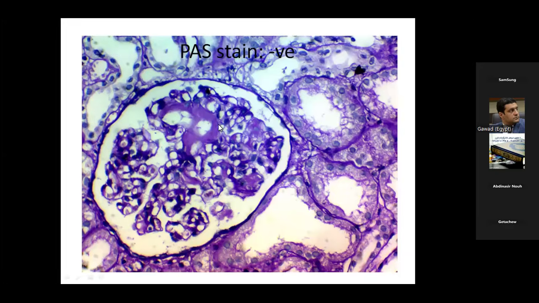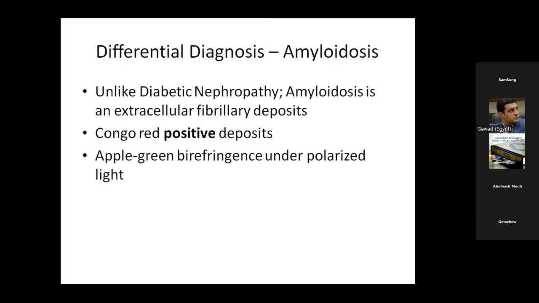So again, for a PAS stain, this staining is lighter than this one if we compare it. So this is lighter than this, and that's what I meant when I was explaining the weak PAS positivity or the PAS negativity of the amyloid deposits.